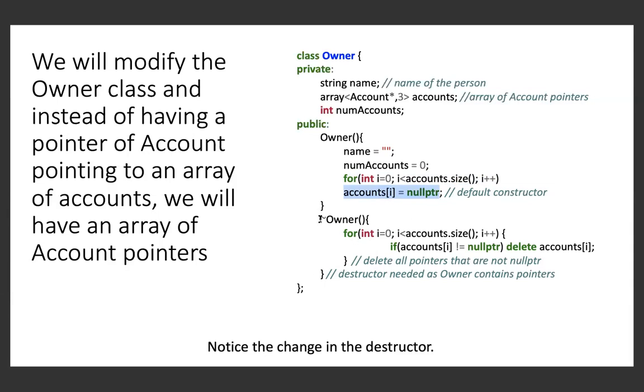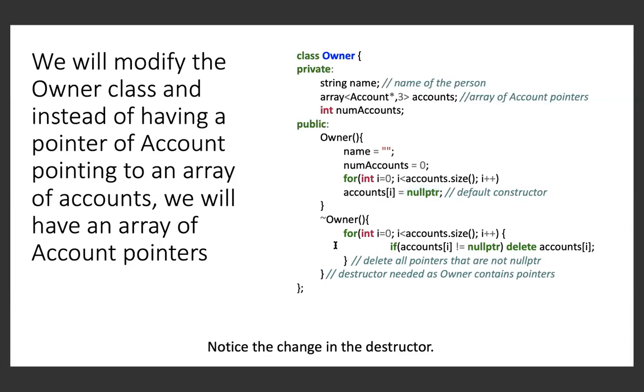Now, in the destructor, we also need to take care of the memory, although right now we still have not allocated any memory on the heap, but soon we will implement an add account function, which will start allocating things on the heap. So how do we take care of freeing that memory if we don't know if it's allocated or not? The answer is by keeping track of the null pointer.